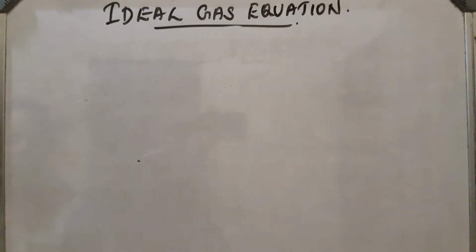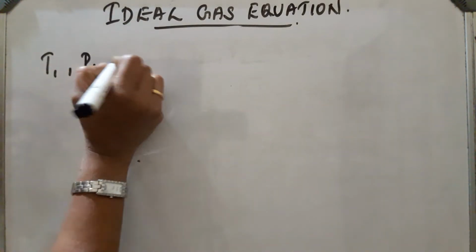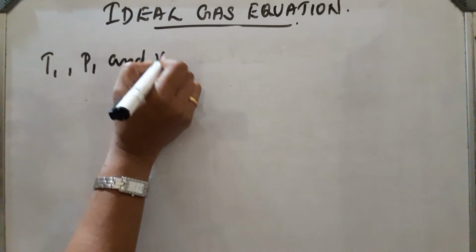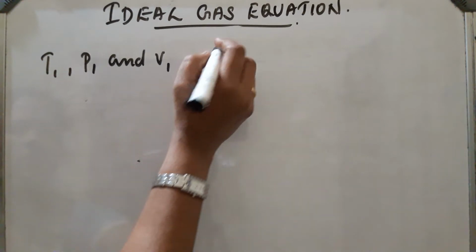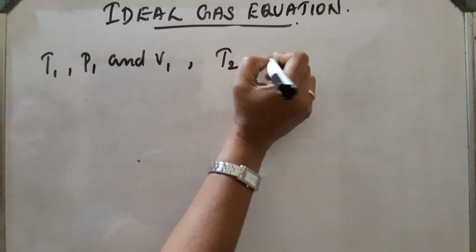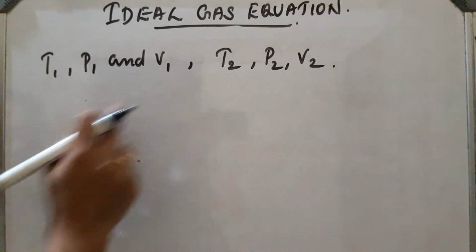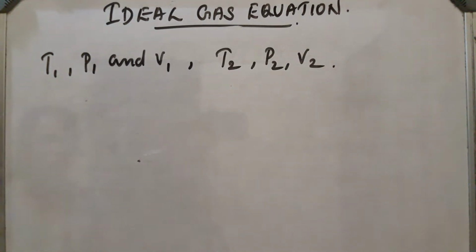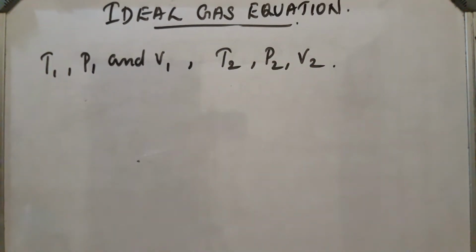If temperature, volume and pressure of a fixed mass of a gas vary from T1, P1 and V1 to T2, P2 and V2, so these are the initial temperature, pressure and volume of a fixed amount of gas, and it varies to T2, P2 and V2.